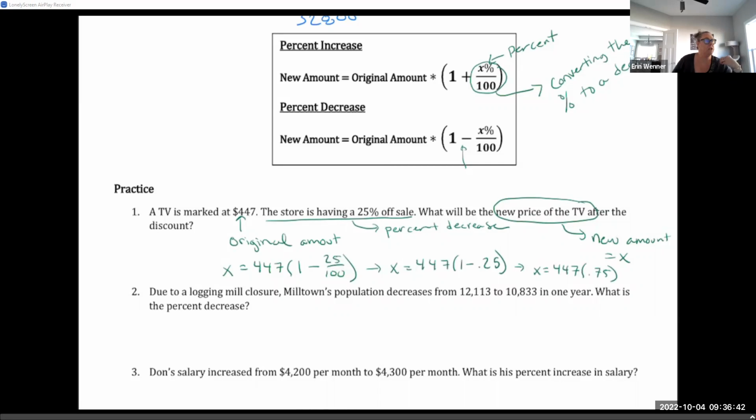I subtracted 0.25 from 1. And therefore, our final answer is going to be $335.25. And that is the price after the discount. So that's what the sale price is.